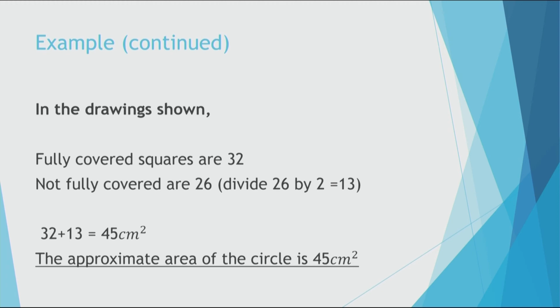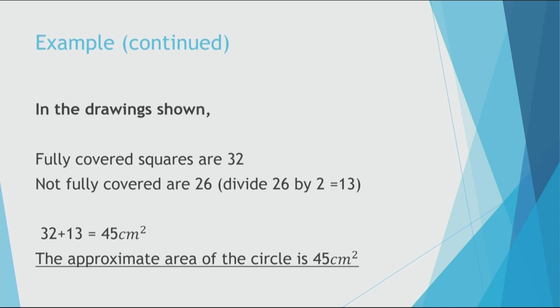Now you get the first number and the second number: 32, you add 13, and your final answer will be 45 centimeters squared, or you can read it as 45 squared centimeters. So you say the approximate area of the circle is 45 centimeters squared.